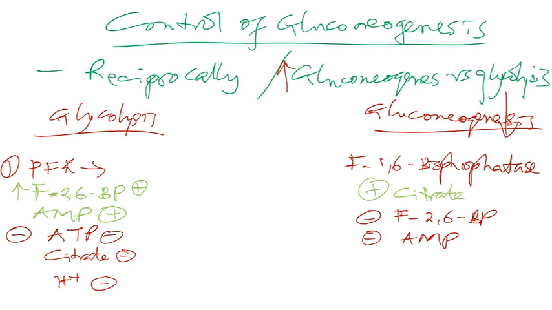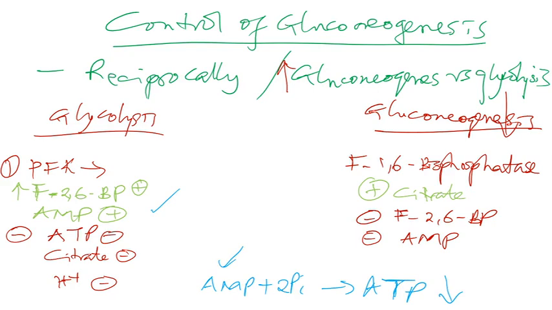If the level of AMP is very high, because remember, you can have AMP plus two phosphoryl groups, then you have ATP. So that is the reaction. If you have a high level of AMP, it means that the level of ATP is very, very low.